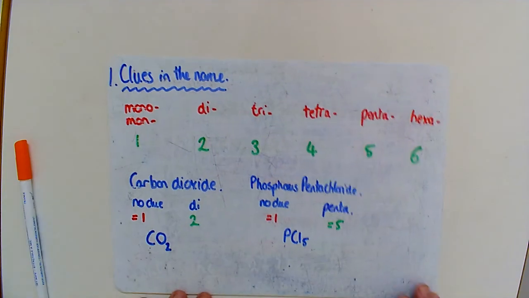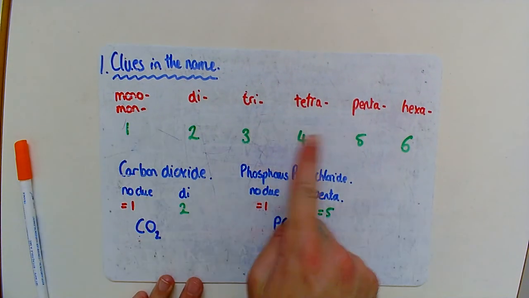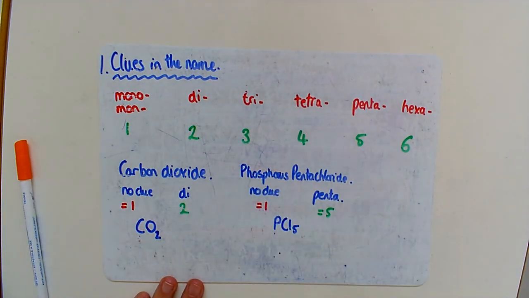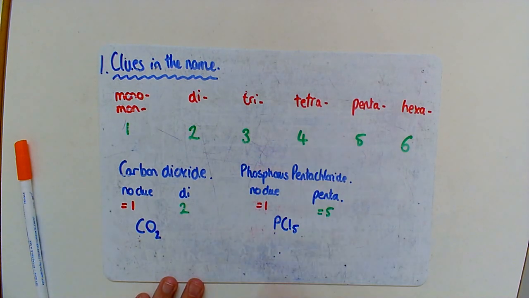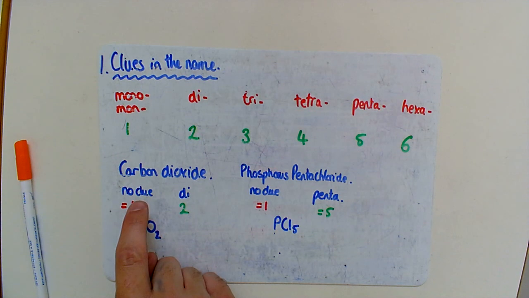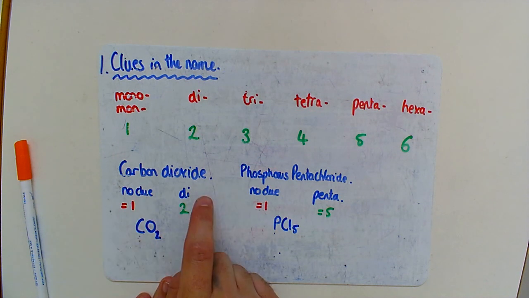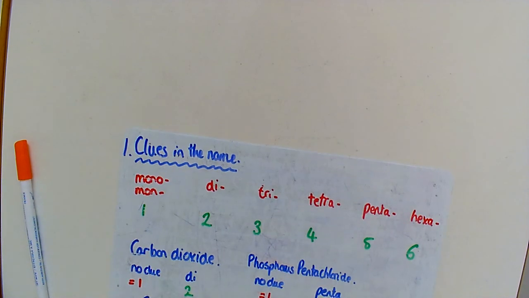So the first one, where we had clues, the clues you're looking for are mono, di, tri, tetra, penta and hexa. And if that appears, that tells you exactly how many of that element there are. If an element does not have a clue, and the other one does, the one without a clue has 1.